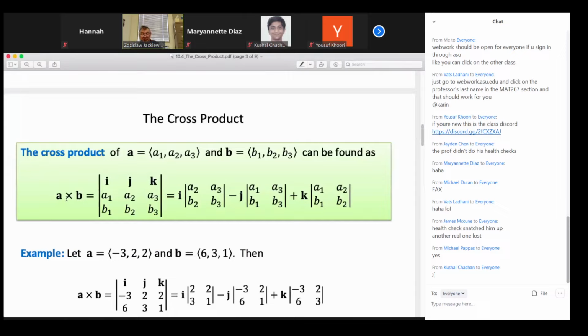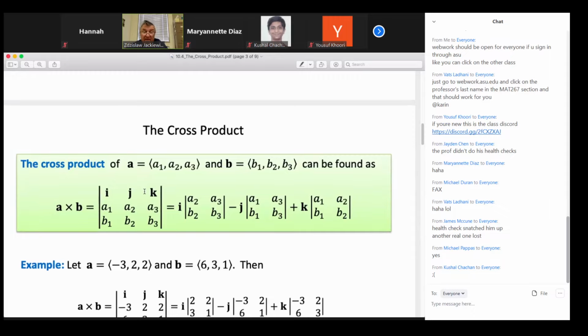So again, to compute the cross product of two vectors, you compute the 3 by 3 determinant. The first row is the coordinate vectors I, J, K, then the second row is the coordinates of A, and the last row is the coordinates of B. That's of course equal to I times the determinant of A2, A3, B2, B3, minus J times the determinant A1, A3, B1, B3, plus K times the determinant A1, A2, B1, B2.